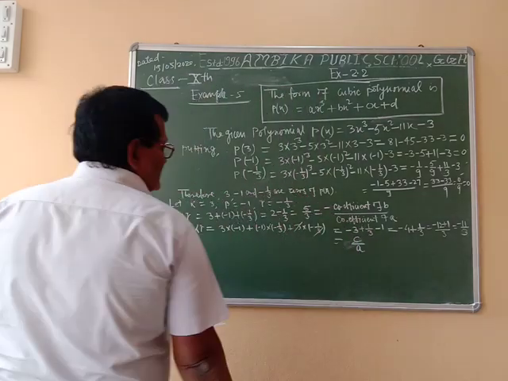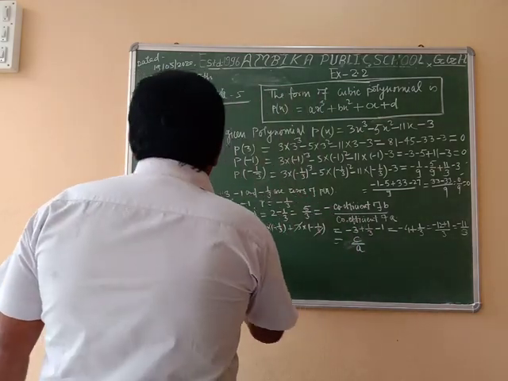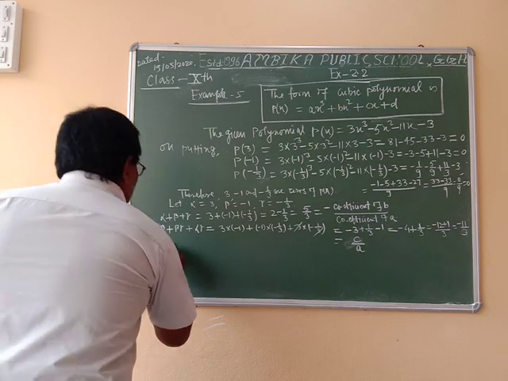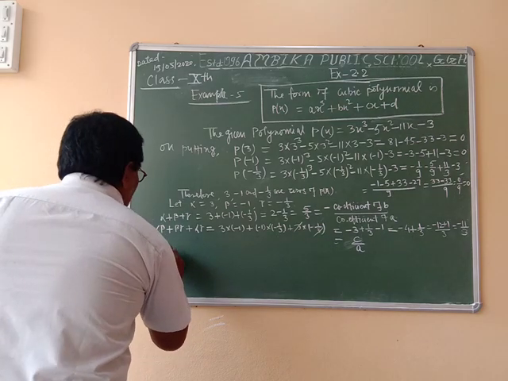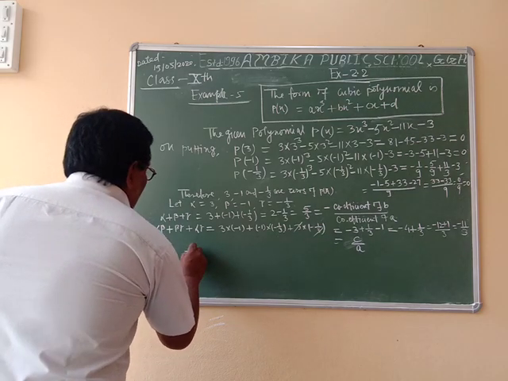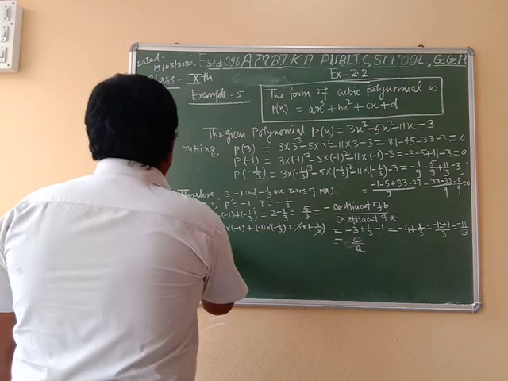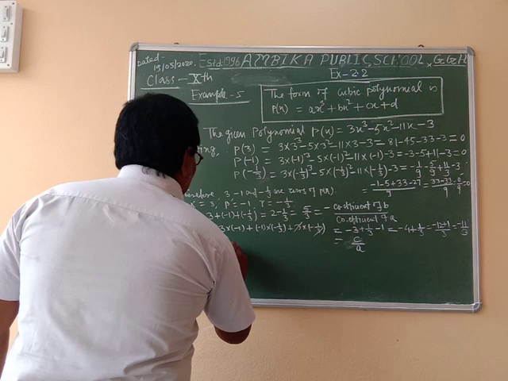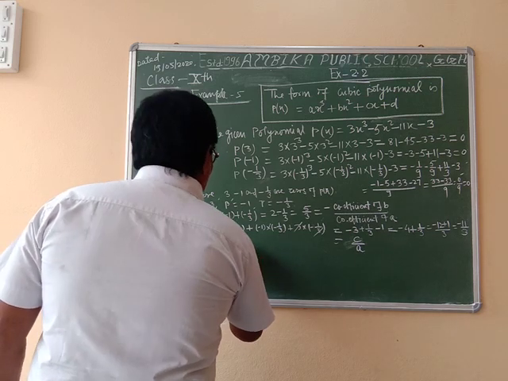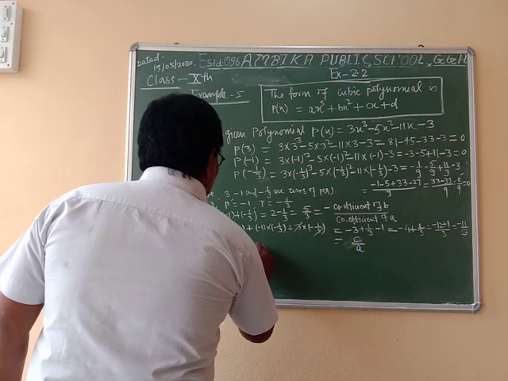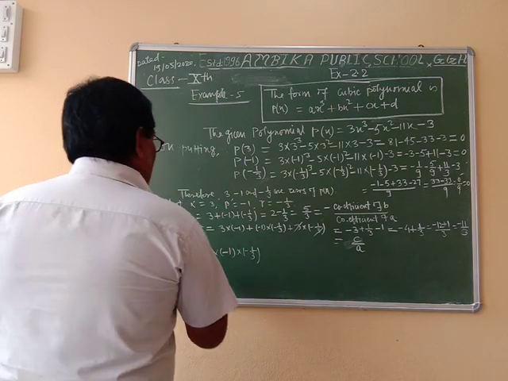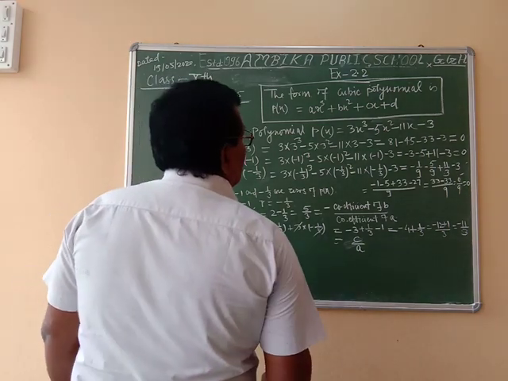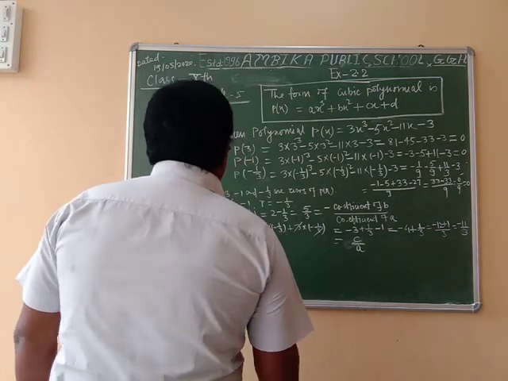And after that we find alpha beta gamma. The value of alpha beta gamma is equal to 3 into -1 into -1/3, which is equal to 1.